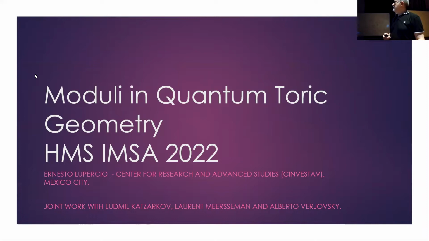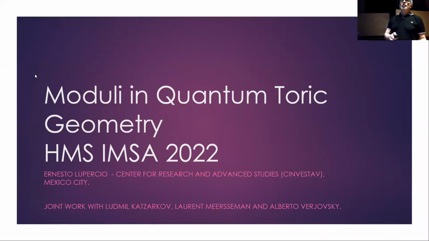So what I'm going to do today is a little survey of quantum toric geometry that we have been developing with Ludmil Katzarkov, Laurent Meersseman, and Alberto Verjovsky at UNAM. Then I'll explain a little bit the latest developments.